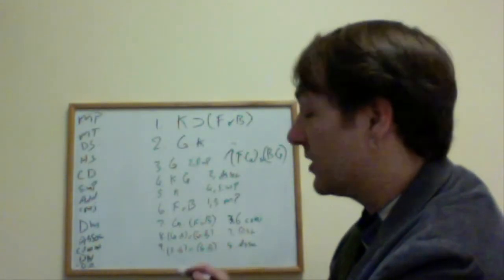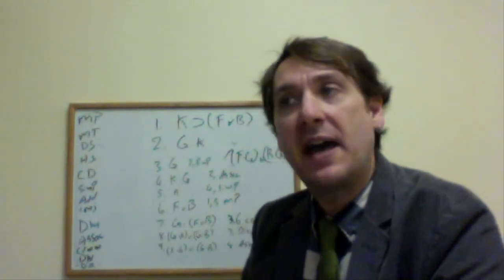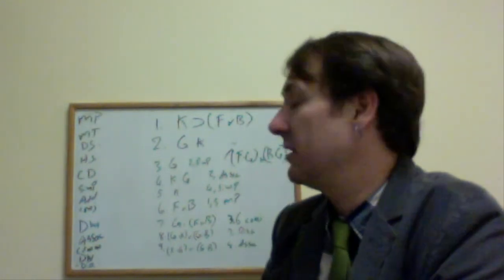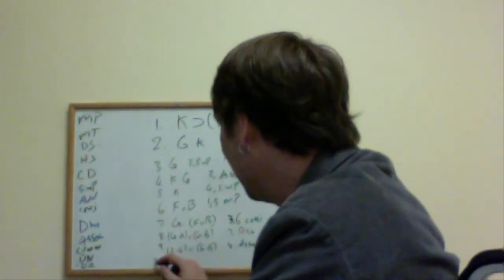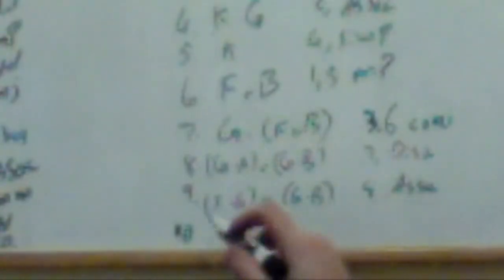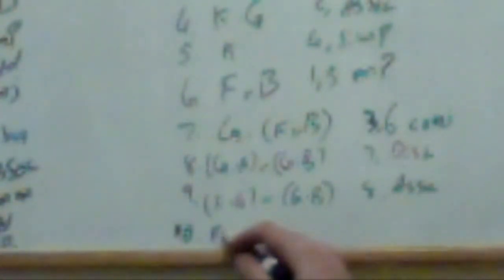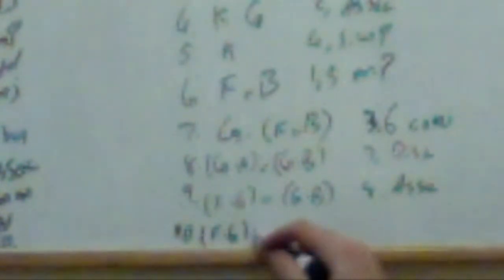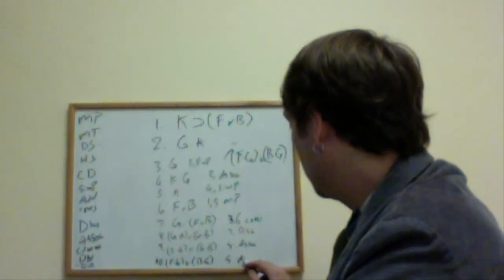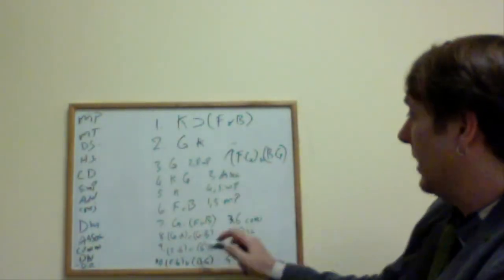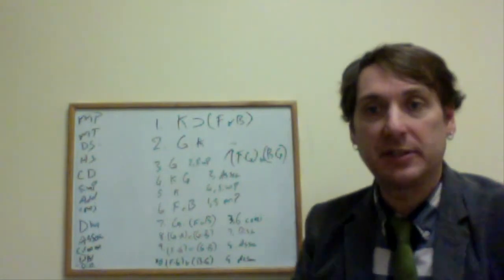You would like to do this one as well, but while some people will allow that, the system that we're using doesn't allow that. So you have to use a second final step here, writing line 10, (F dot G) wedge (B dot G), and you got that from line 9 by commutativity, and now we have derived the conclusion from those premises.